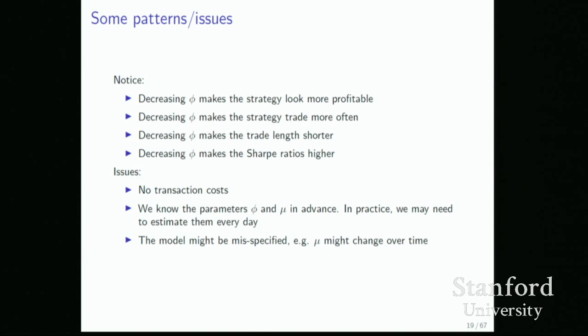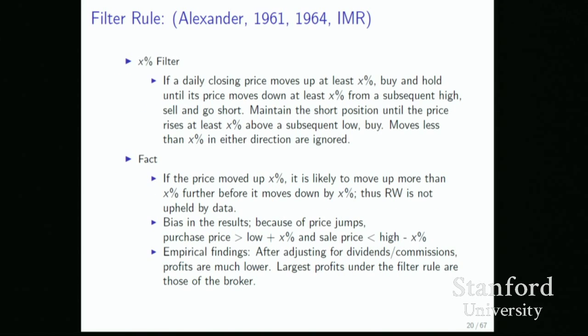Okay. So let me show you. I think this is probably one of the very first rules. This is known as the filter rule. The main idea behind the filter rule is that if the closing price goes up by a certain percentage, buy and hold until the price moves down at least X percentage. On the face of it, what kind of rule is that?